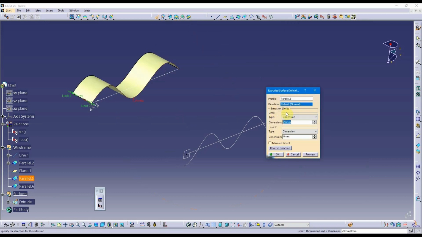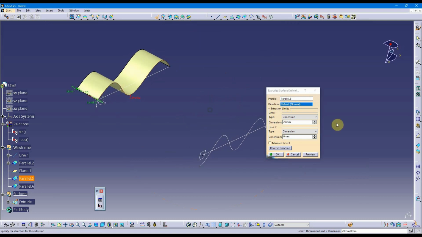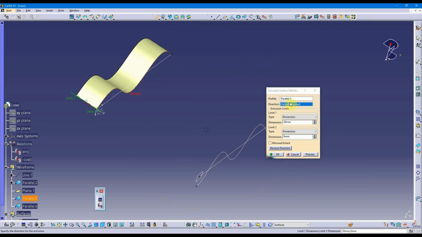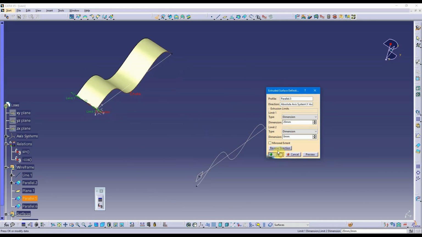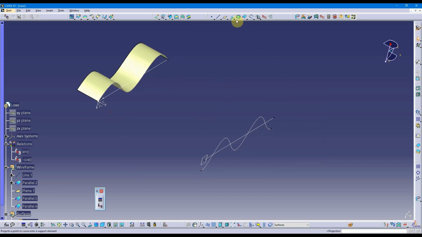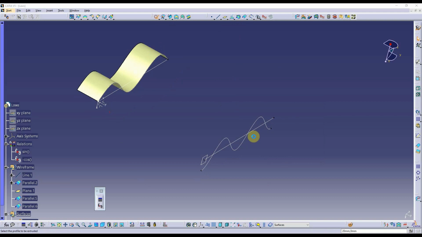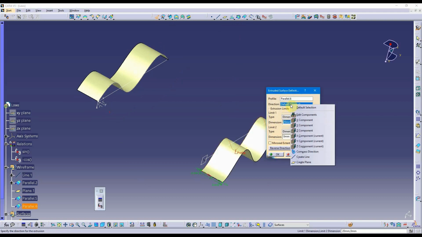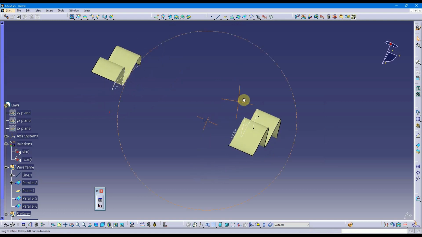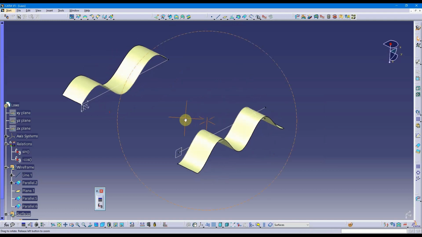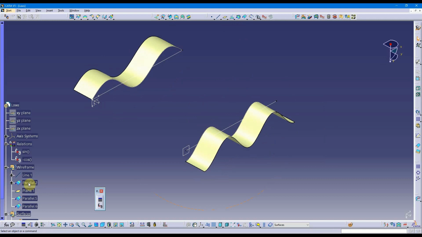I'll create an extrusion there, and let's go, looks like Y direction. Reverse that. I'll do an extrusion over here, also in the Y direction. Now, you can do a loft, you can do a blend. Let's do a blend instead of a loft.